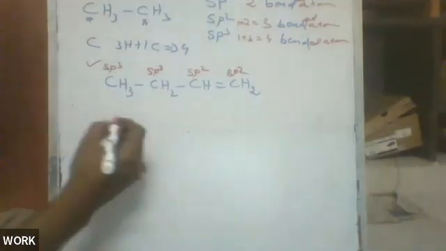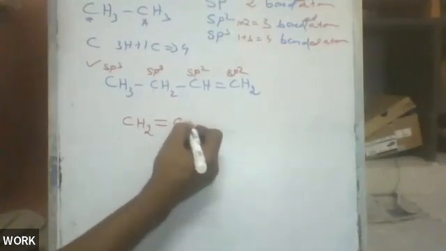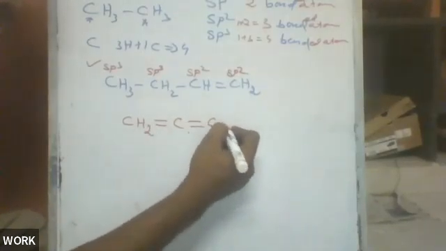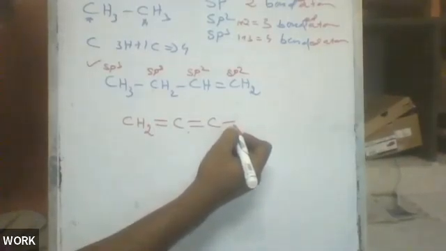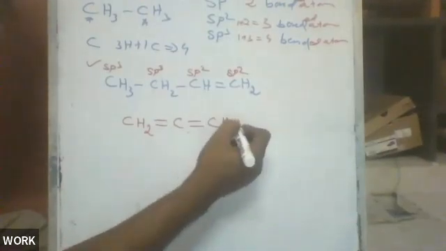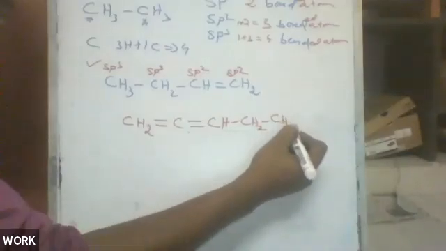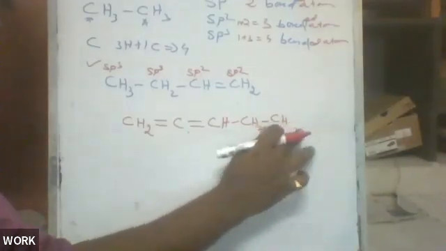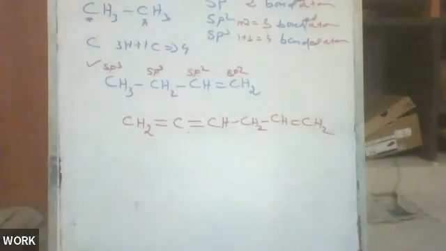Now you tell me for this molecule, CH2 double bond C, double bond C, single bond. Now you come to here.